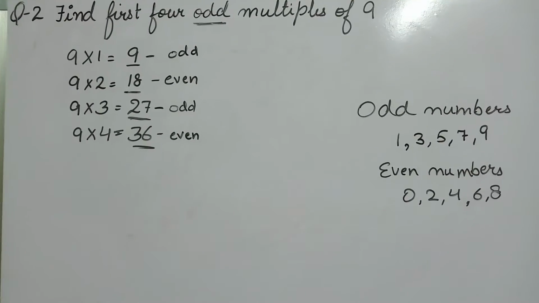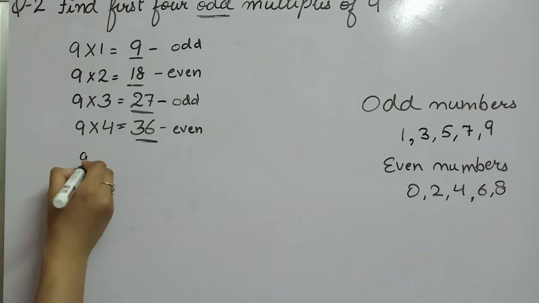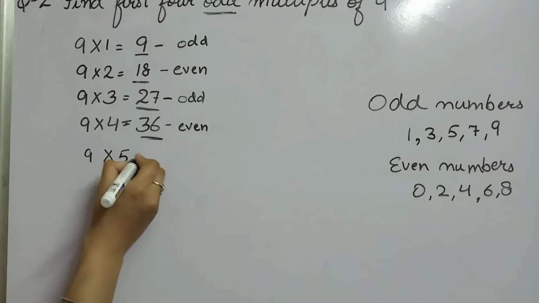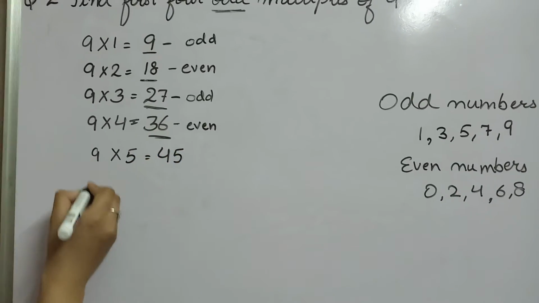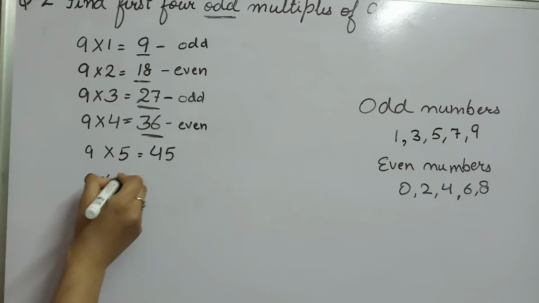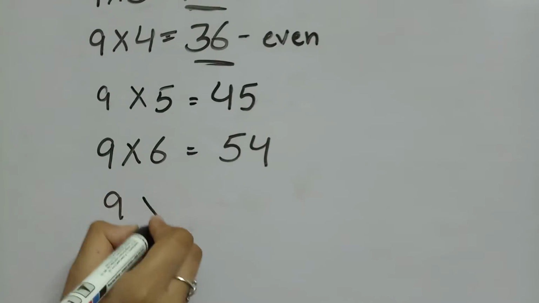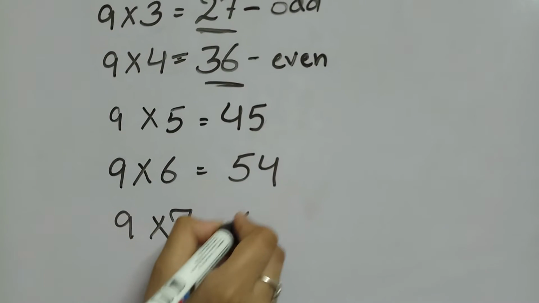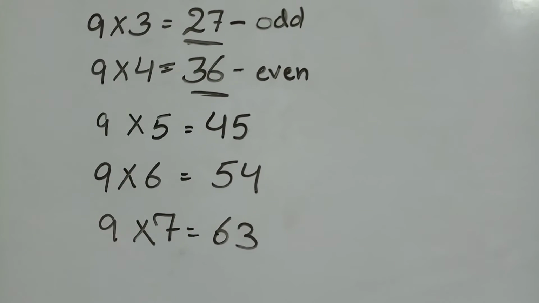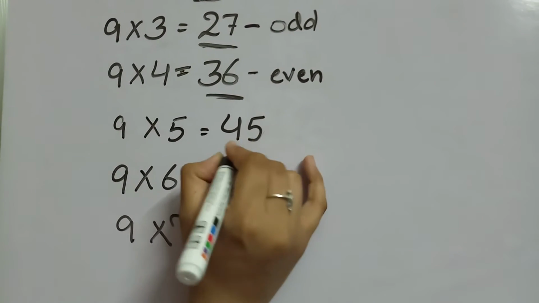So we will write down the table further. 9 5s are 45. 9 6s are 54. 9 7s are 63. So now again we will check 45.